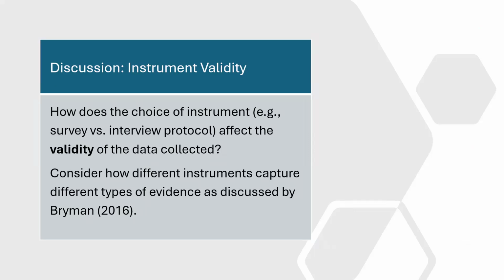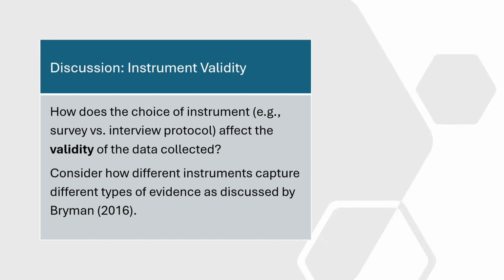It includes how well you capture the construct, how accurate responses are, and whether conclusions are justified. So instruments don't just collect data, they filter reality. Each tool strengthens some aspects of validity while weakening others.